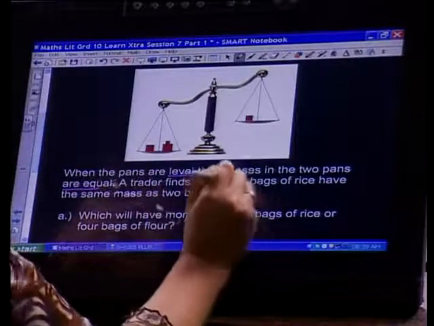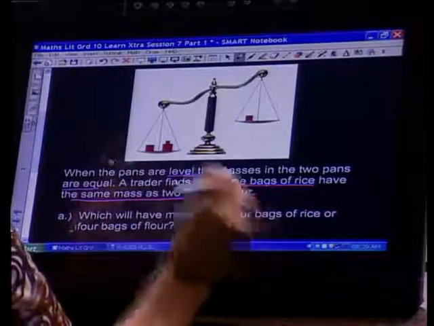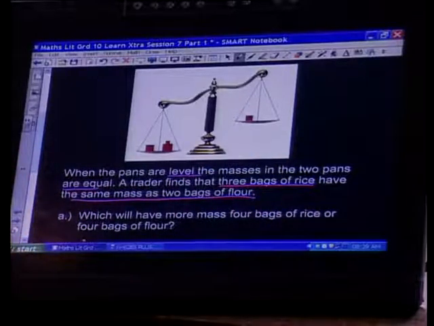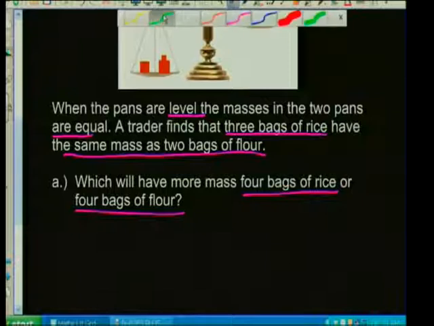A trader finds that 3 bags of rice have the same mass as 2 bags of flour. So what did this trader find? He found that they were balanced, they were equal. So 3 bags of rice and 2 bags of flour. Which will have more mass, 4 bags of rice or 4 bags of flour? So let's go back to the question.